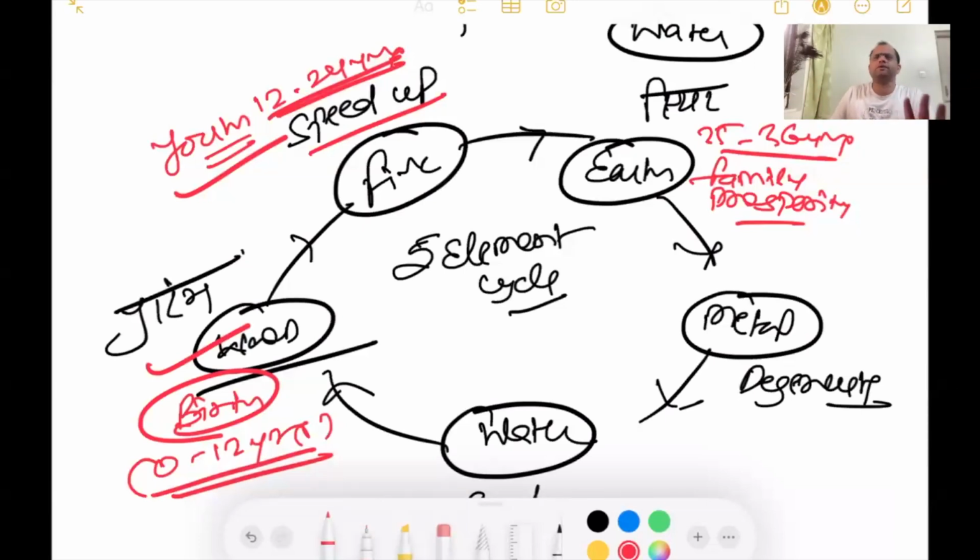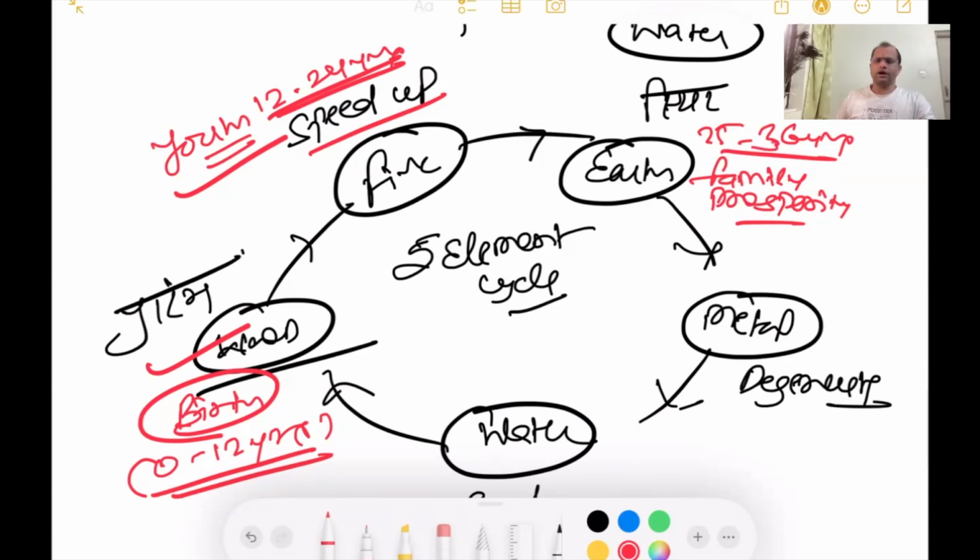So this is the stable phase. Now we don't want to run too much. We want to get stable. That is the third phase or the earth phase. जिसे हम अर्थ की अवस्था कहते हैं. So 25 to 36 years of the age is the earth phase.